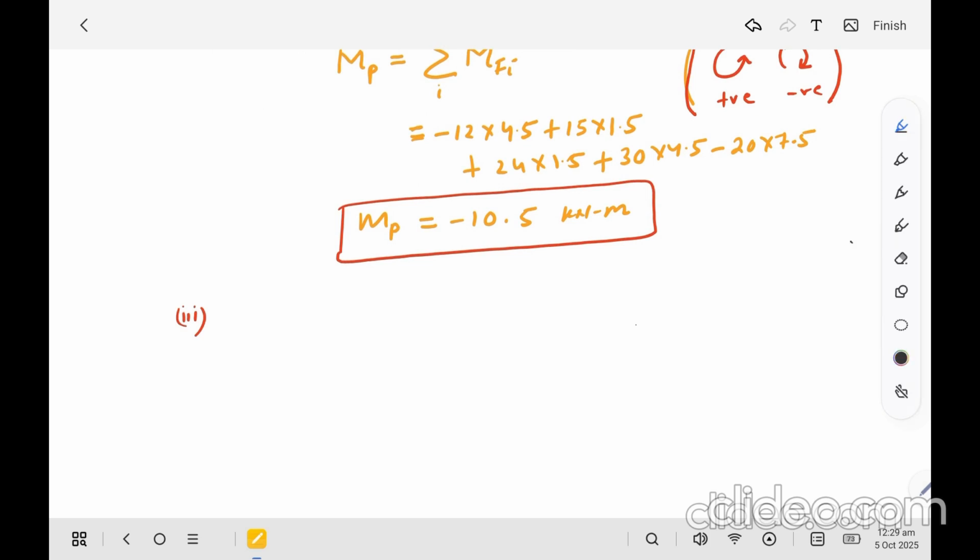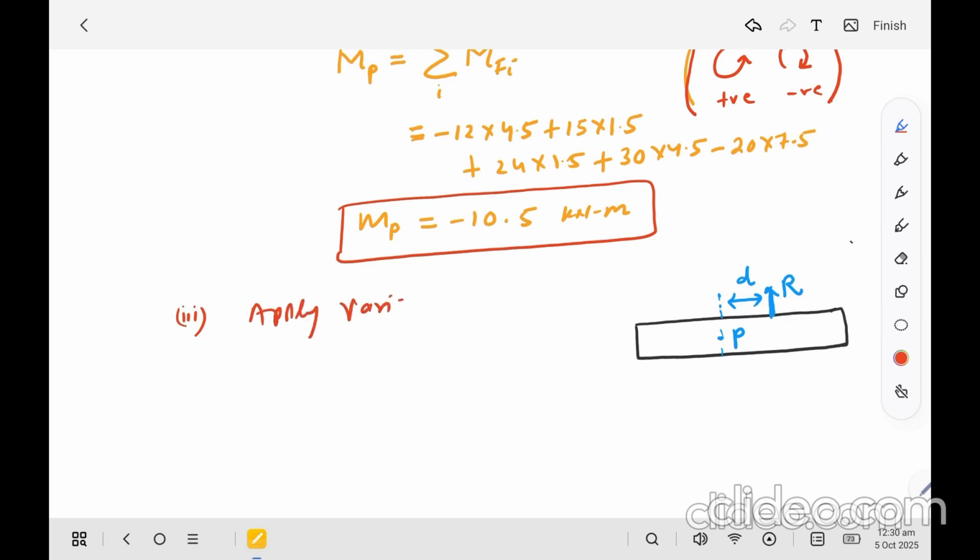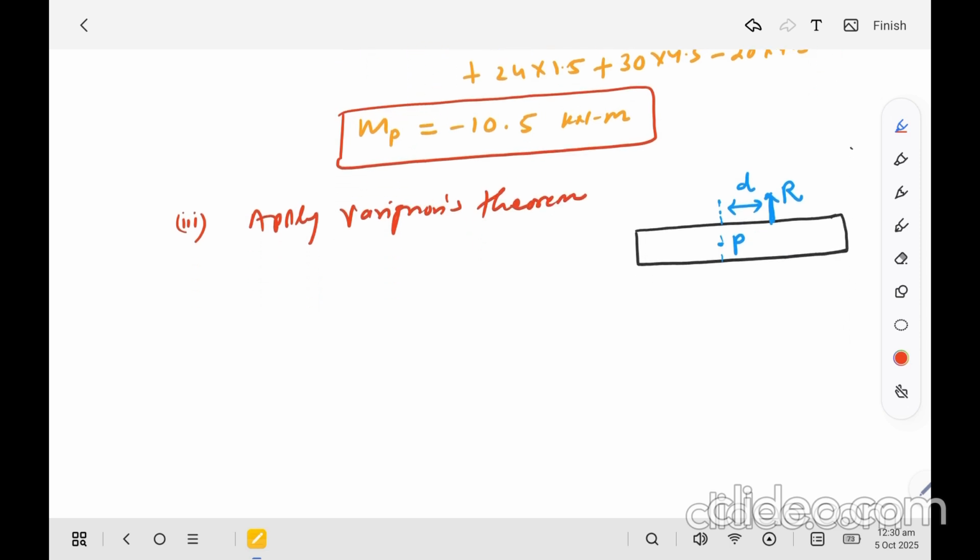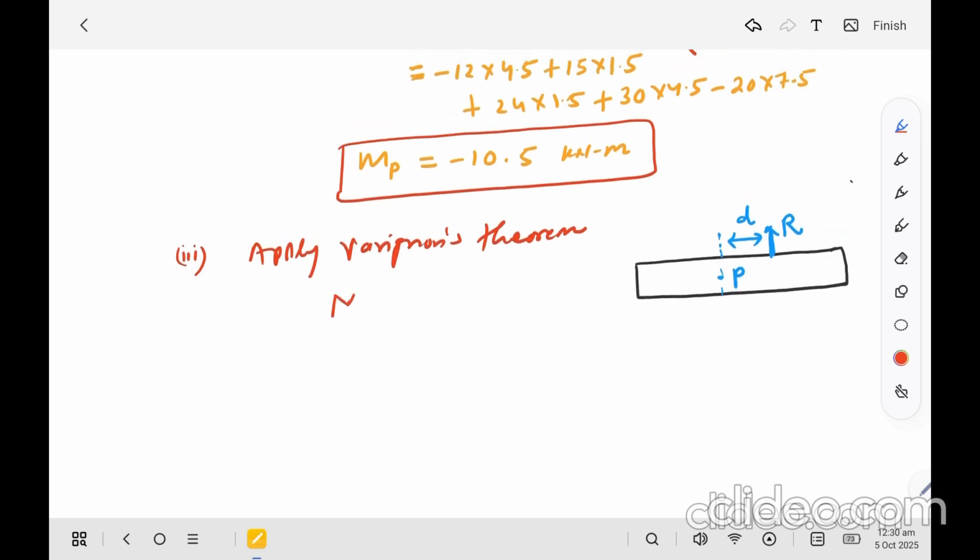So now let's say this is our situation. This is point P here, and let's say this is the resultant R, and the distance between point P and R is D. If I assume this is the case, now apply the Varignon theorem here. So MR is equal to MP.